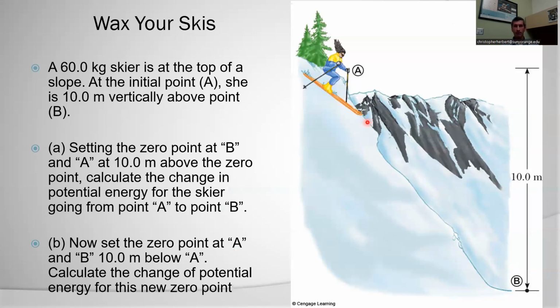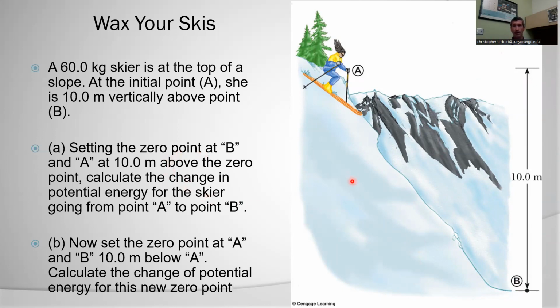Here we have a skier going from point A to point B. We know what's going to happen here, okay? Obviously, at the top of the hill, she has more potential energy. As she goes down, that potential energy is converted into kinetic energy, and she's going to go faster and faster as long as there's no work being done by friction, okay? So highest energy point at the top of the hill, lowest energy point at the bottom of the hill. It doesn't matter where my reference point is.